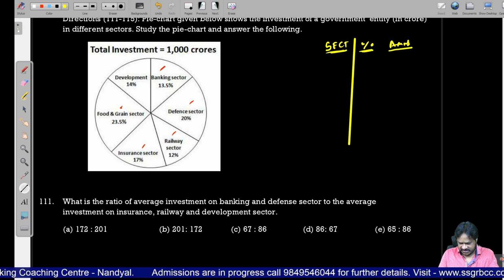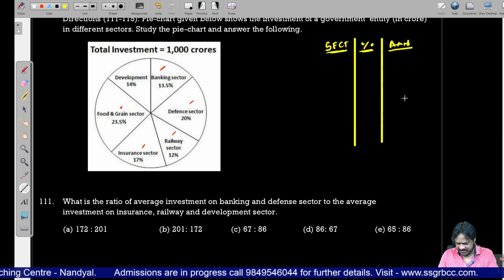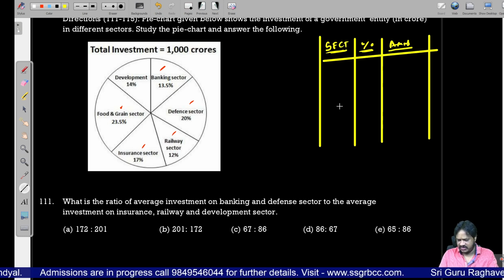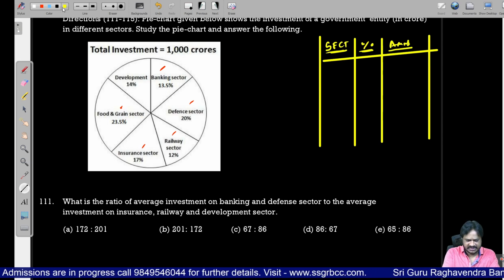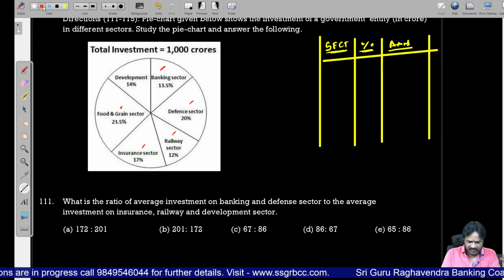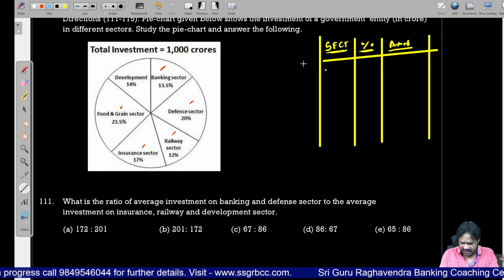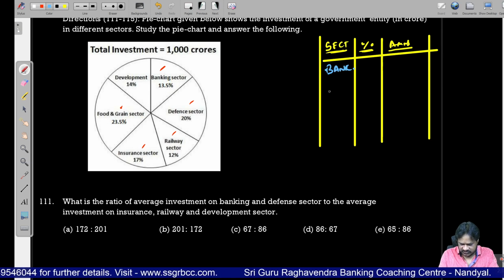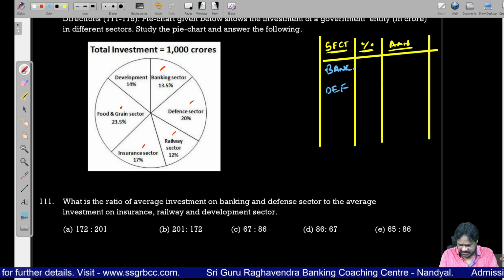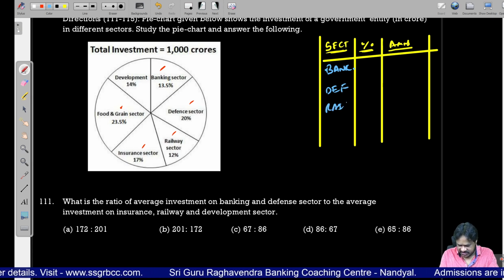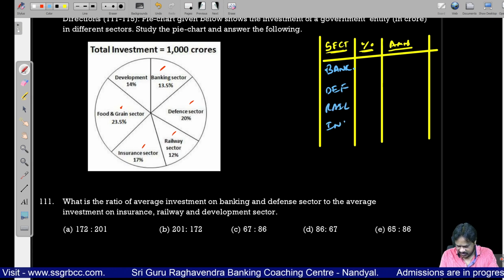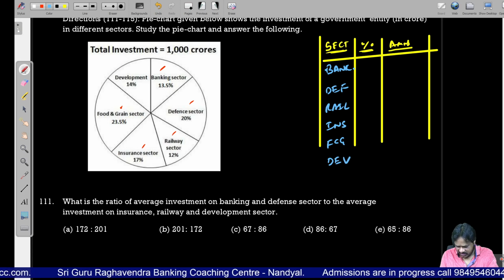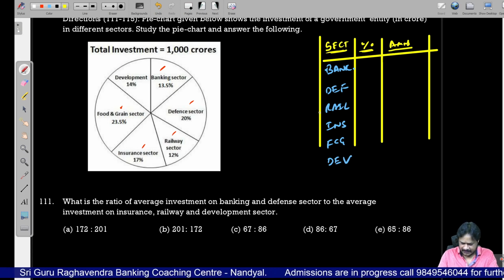We will write down the table in terms of both percentage and amount. First is banking, next defense, railway, insurance, food and grain, and development sector.